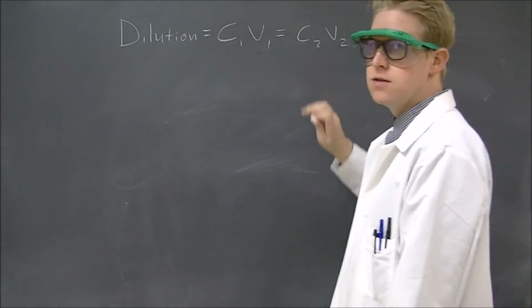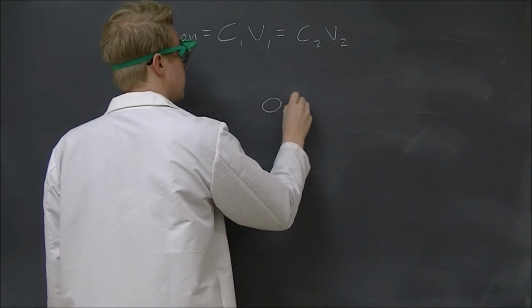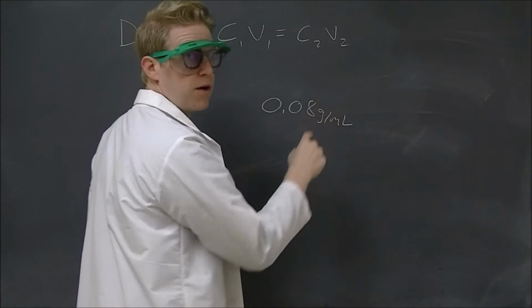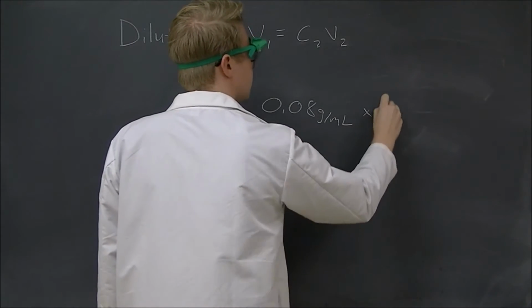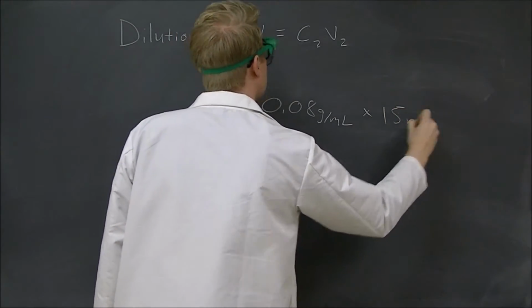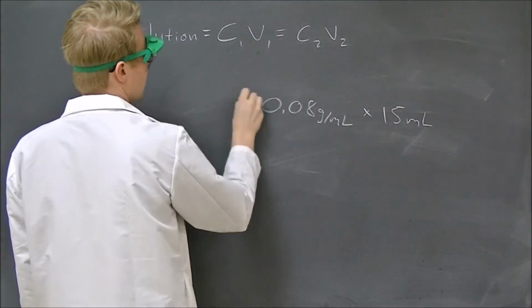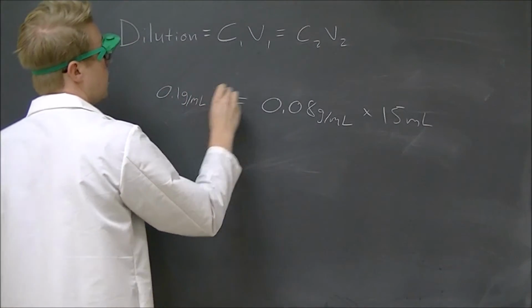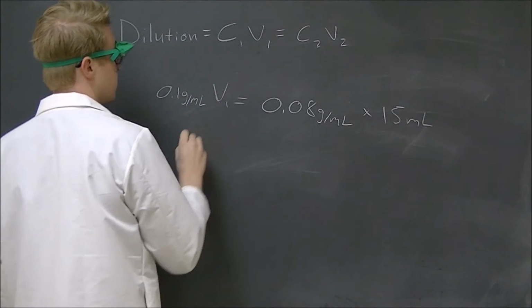So C2 is 0.08 grams per milliliter, and our volume that we want is 15 milliliters. The concentration we have is 0.1 grams per milliliter, and we need to know V1, so we're solving for V1.